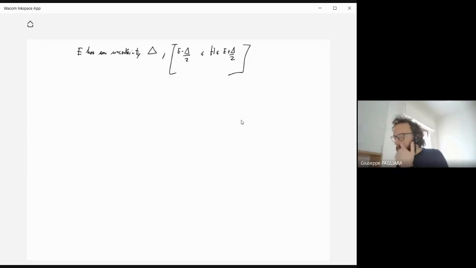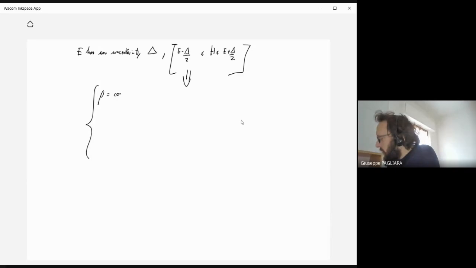So this is our constraint or our relation between H and E, which means also that rho is constant in the portion of the phase space for which H is between E minus delta half and E plus delta divided by 2. Okay?